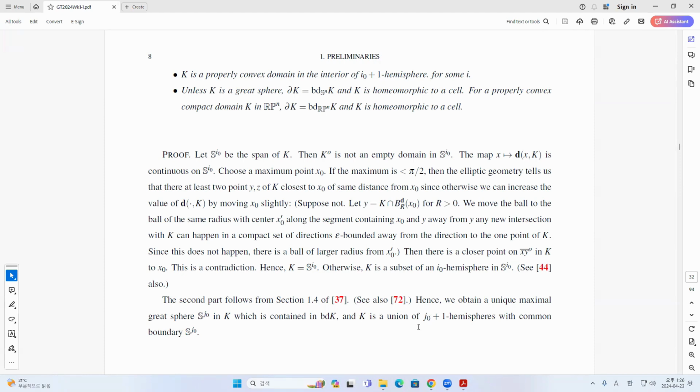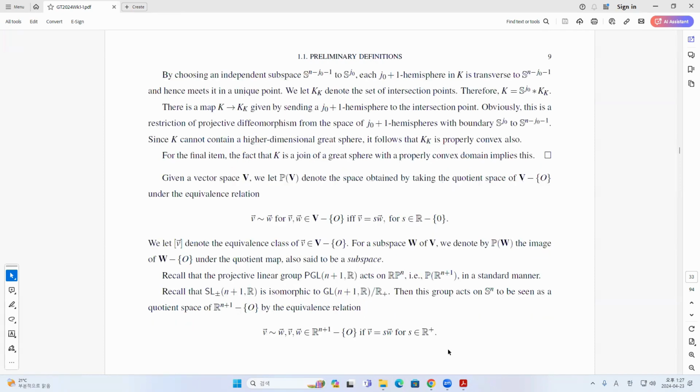You can show that these are unions of such things, and then there is some independent subspace to that, and then you can project to this space, and then these will all meet as some convex set, and this has to be properly convex, and then you can show this is true. This is a join.